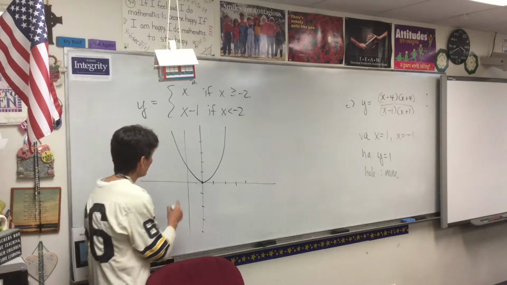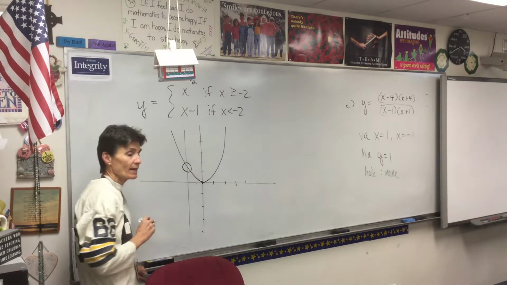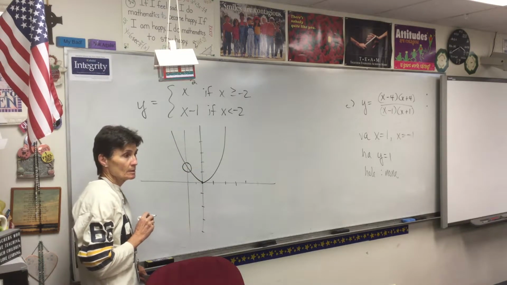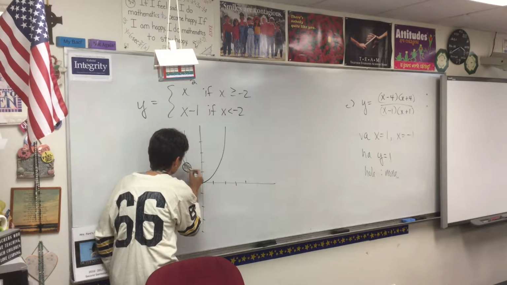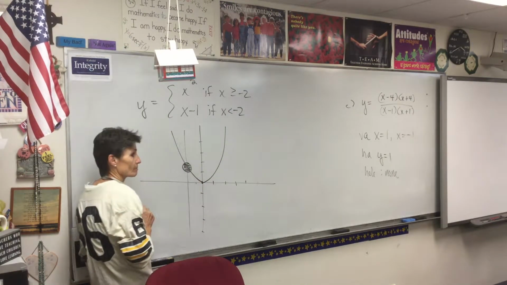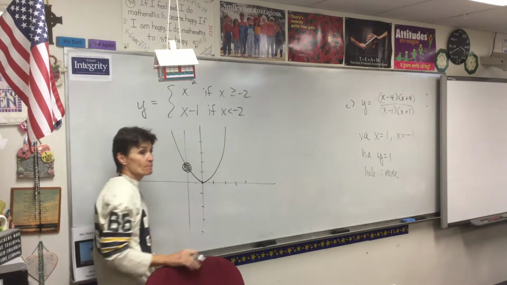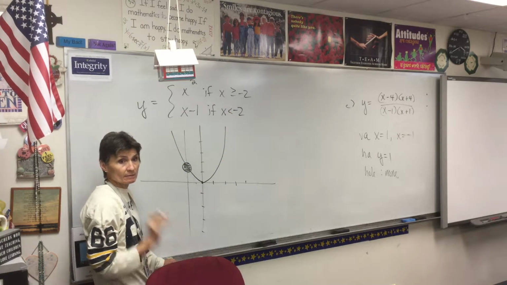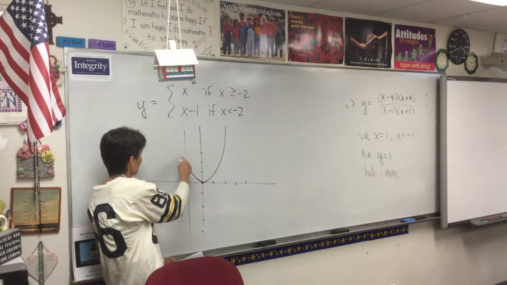Okay, notice that it crosses the dividing line right there. That dot will be filled in. And I want the part of the graph that's to the right, so I need to get rid of this part.